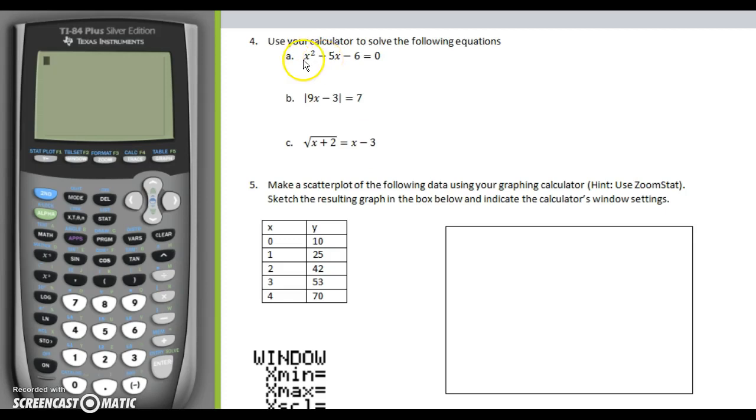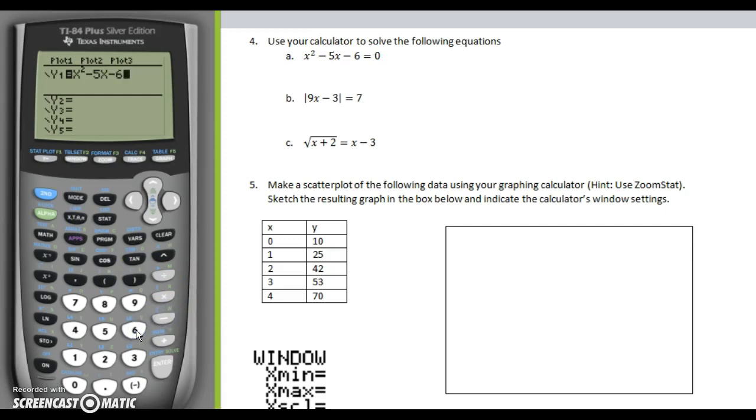So what we do is we enter the left-hand side of the equation under a function under y equals. So we'll put in x squared, whoops, I made the wrong exponent there. So x squared minus 5x minus 6.